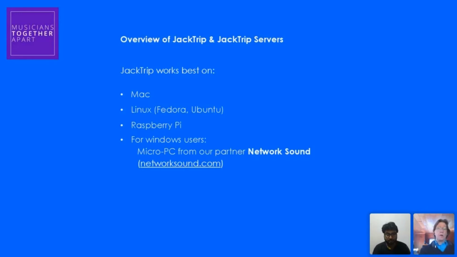So we have a partner, Network Sound, a Silicon Valley company that's been around for 8 years or so doing some very high-end network audio equipment, and they are offering a low-cost box like this one that I'm holding up. If you can see it in my little window, this would be sort of good for substituting for Windows users.